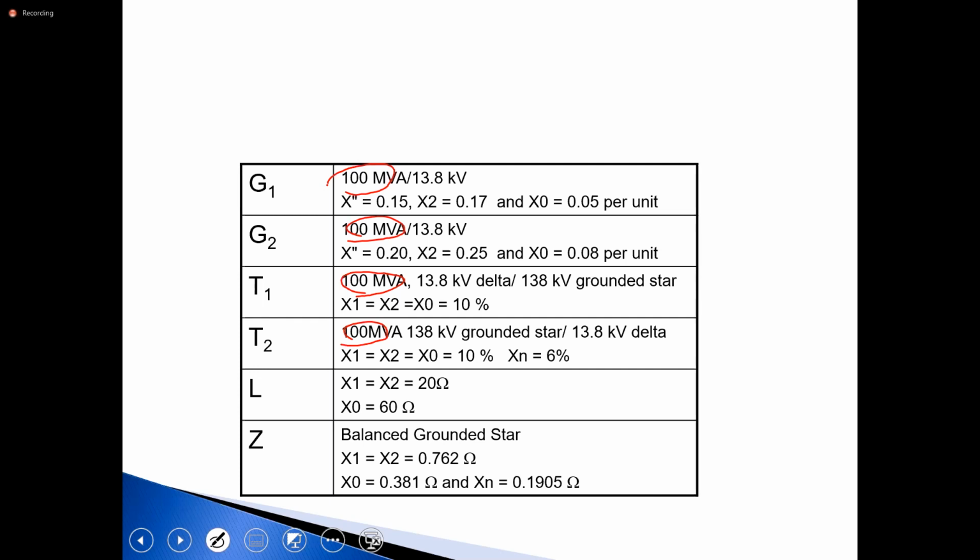What this says to us is that there'll be no need to do any conversion. So we will use MVA base of 100. All right, so that would be our S base.